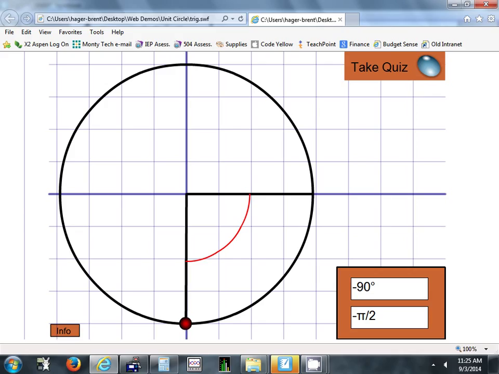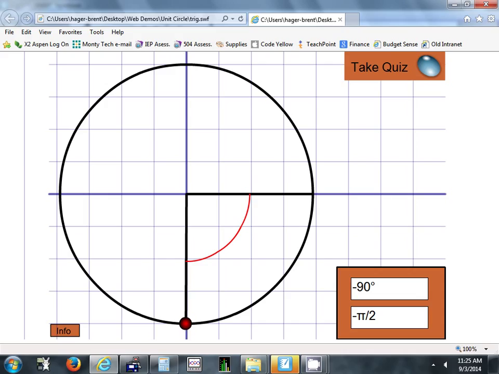Anyone remember what the other way was to get to that point? 270. So negative 90 and 270, if you're just concerned about where you land on this circle, are exactly the same thing. The difference is which direction you went in to get there.